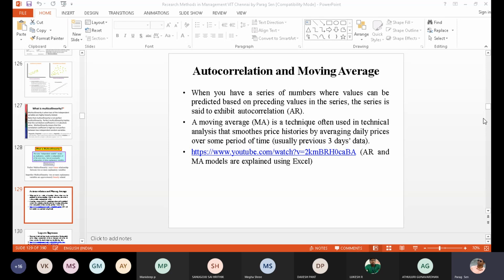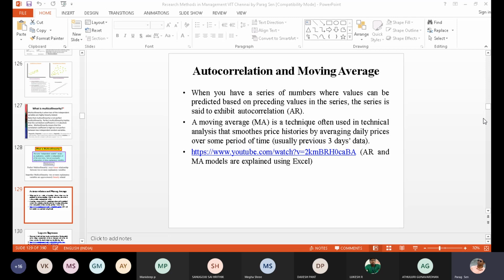If this occurs, then we can tell there is autocorrelation. And moving average is a technique where you take the previous, usually 3, data and consider the average value to predict the future value.